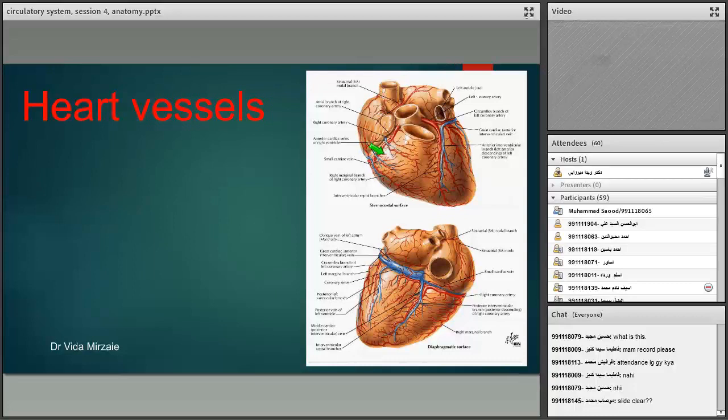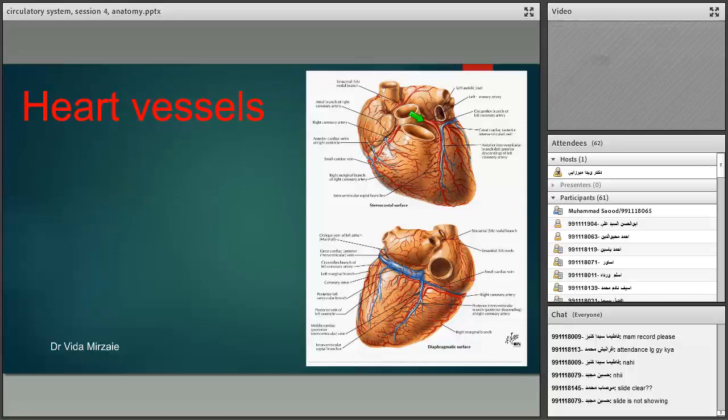The coronary arteries are two arteries which are branching out of the aorta. If you remember in the last session, we said that from the aortic sinuses we have a valve for the coronary arteries, right and left coronary arteries from the right and left coronary sinuses in the aorta.